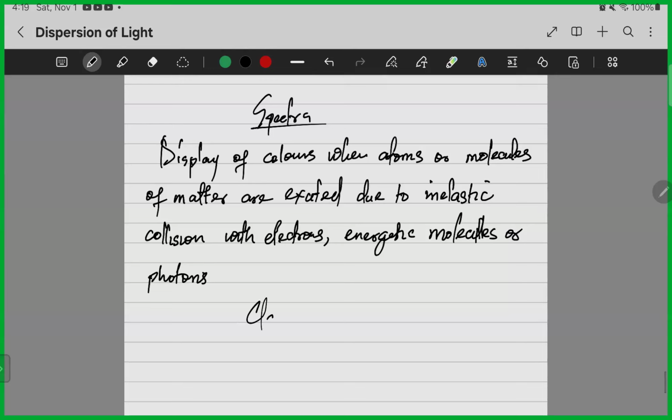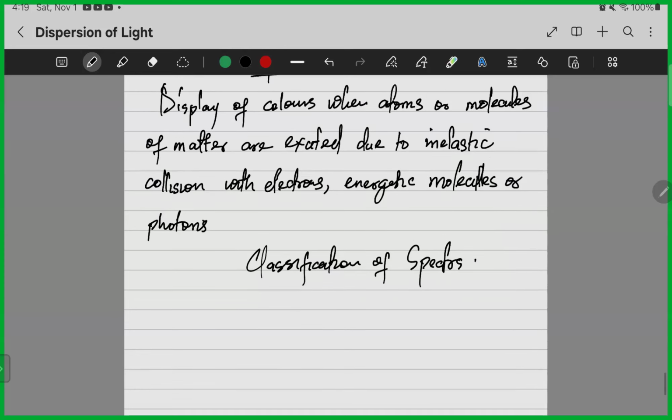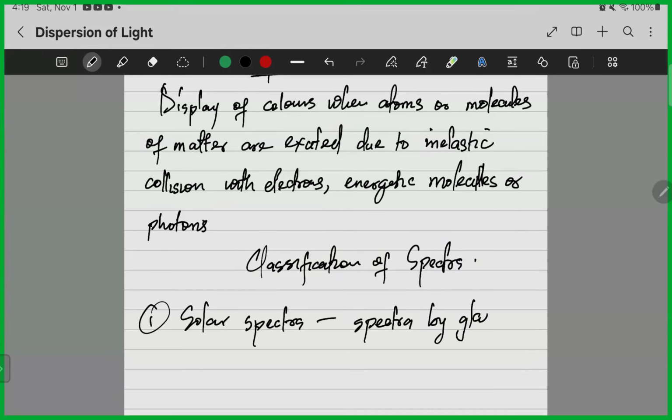So let's talk about the classification of spectra. There is solar spectra, this is spectra by glass dispersion.